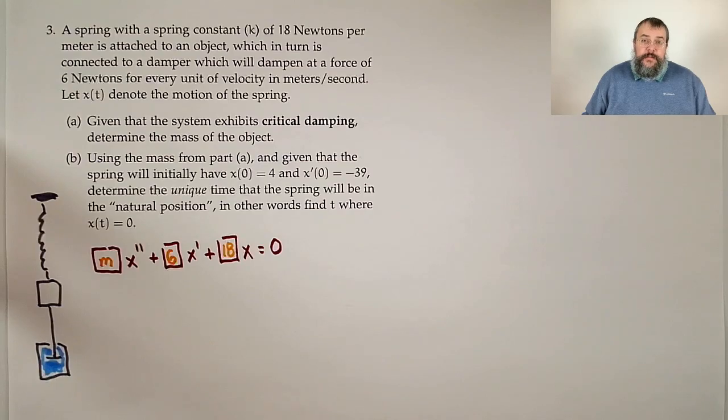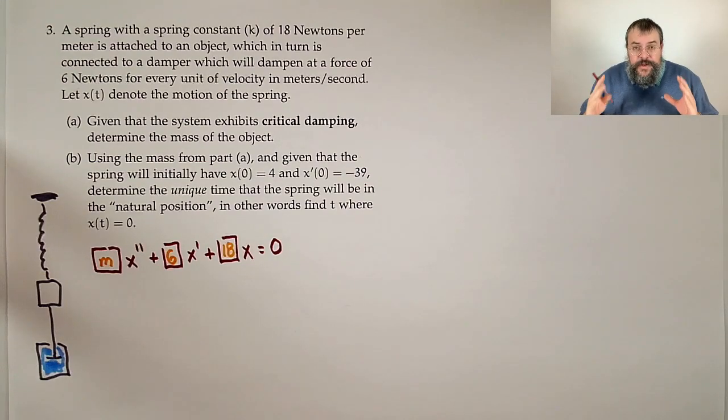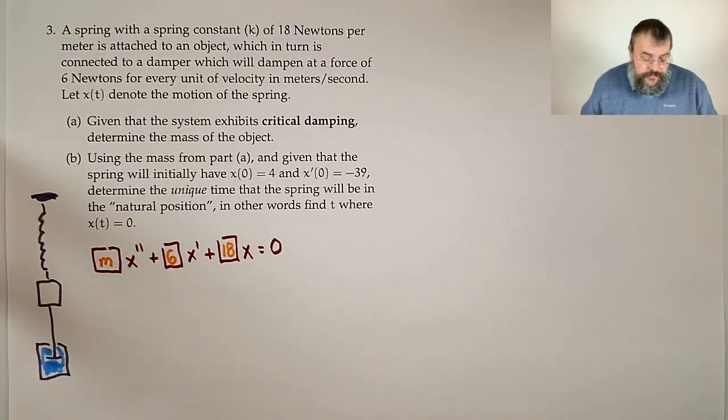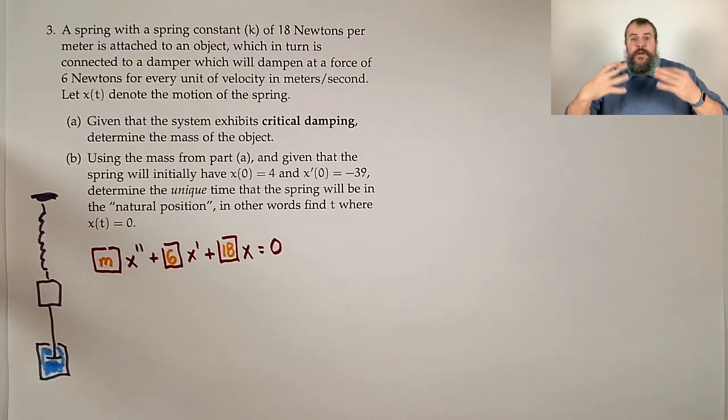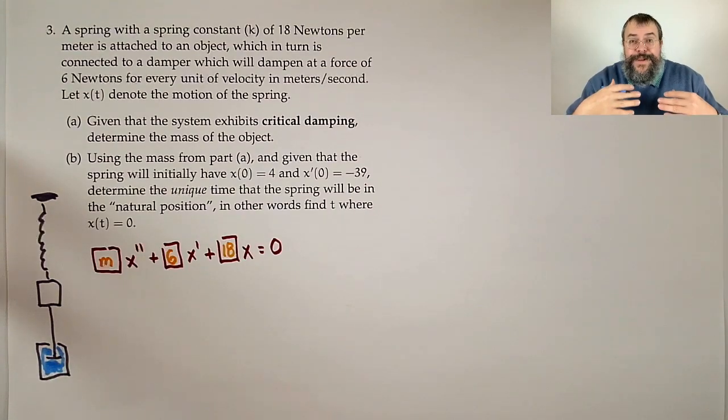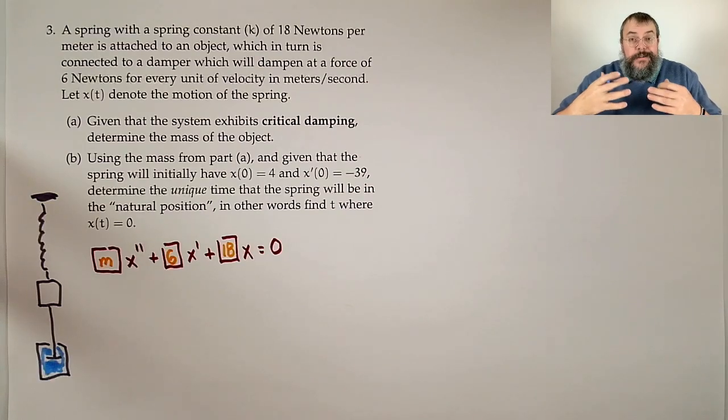Now, according to what the mass is, you'll have different behaviors of the spring. And so we're saying, well, we know we have a very particular type of behavior, and that's the critical. So next thing is to translate this into an equation, and we turn it into our characteristic polynomial, our r's.